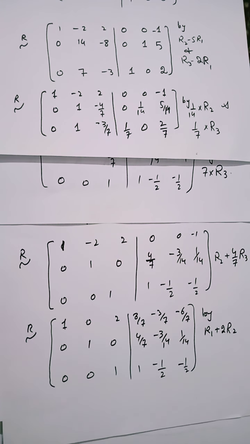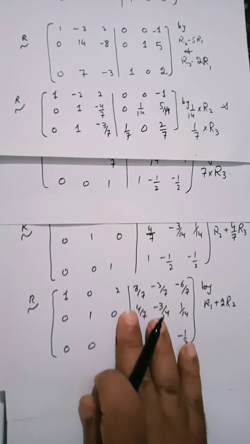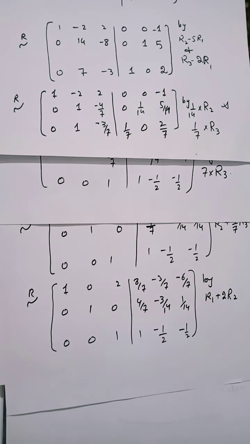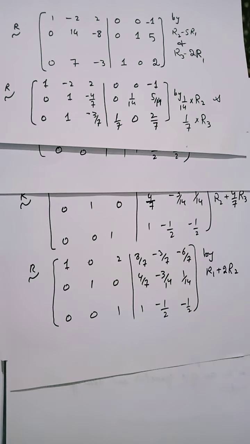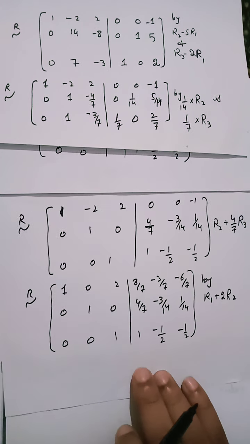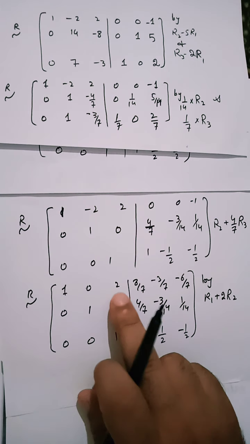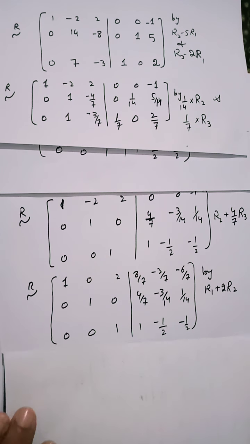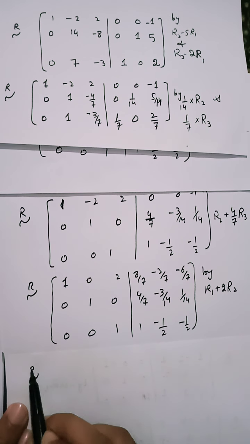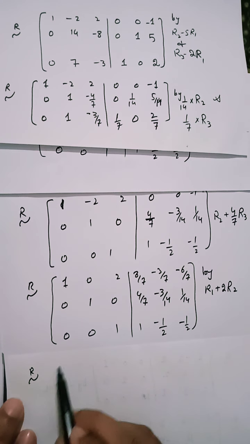Now the last step, if I multiply R3 by 2 and then subtract 2 times R3 from R1, you will get this element equal to 0. So R1 minus 2 times R3 is the last row operation, which will convert the matrix on the left side of the bar into identity matrix.